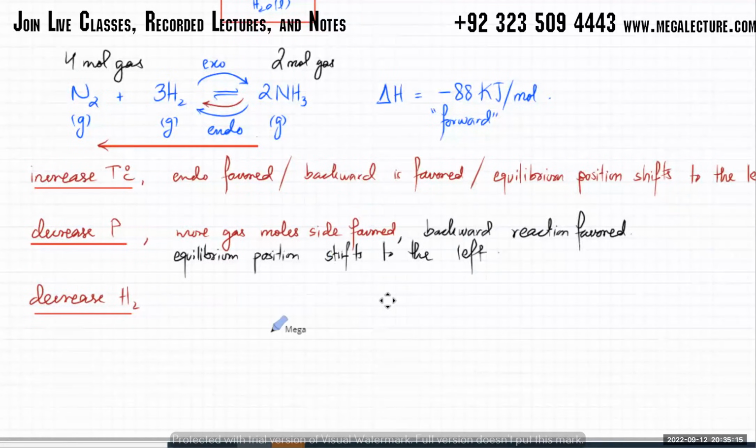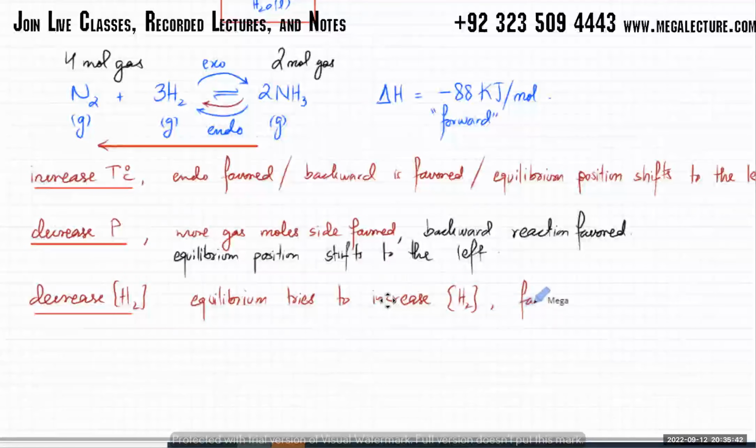Decrease H2 concentration, right? So the rule was that equilibrium will try to do the opposite. The equilibrium will try to increase H2 concentration. As it tries to increase H2 concentration, hence it favors backward reaction.